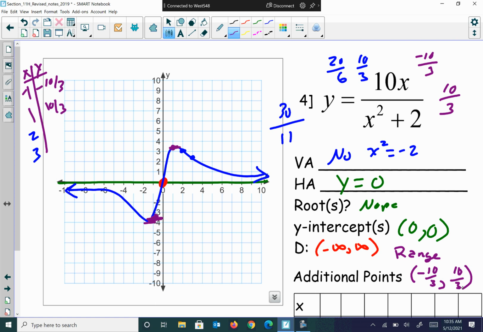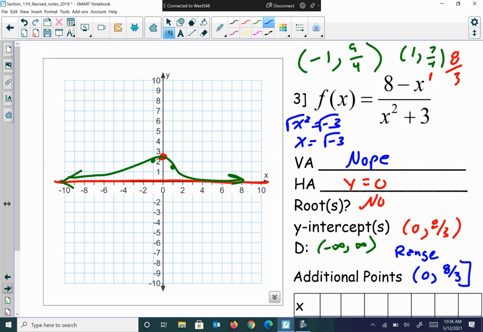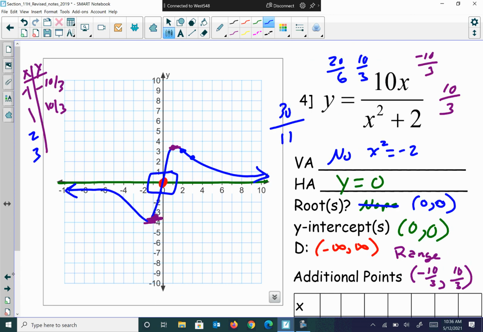And this is where all of life, the universe converges onto itself because, but you said there are no roots. Well, 0, 0 did indeed work. So we do have a root. So it went against everything we know about an asymptote, and really what took place on that one, which is different than the other ones, is I have a monomial with an x.